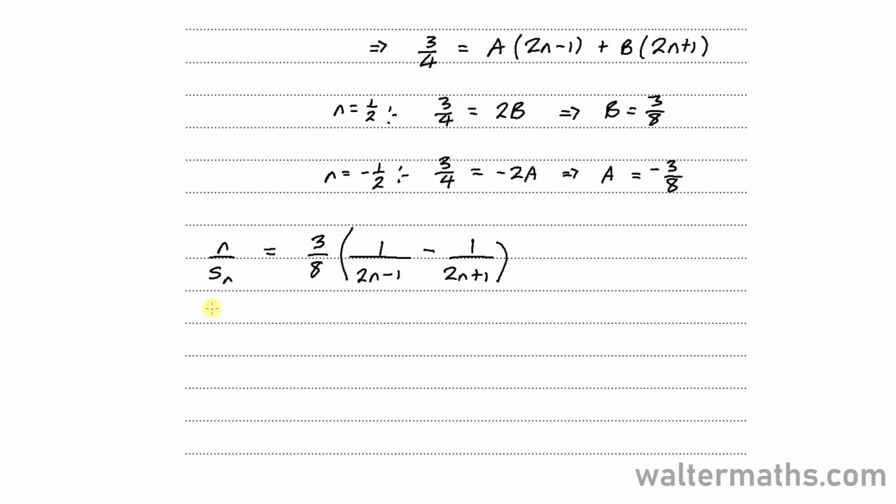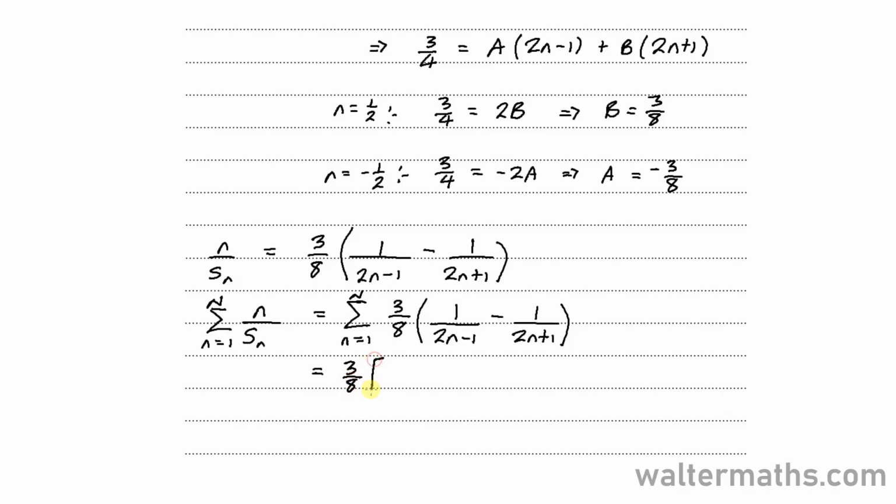So we are saying here the summation from n is equal to 1 up to capital N of n over s sub n will be equal to the summation from n is equal to 1 up to capital N of 3/8 of 1 over 2n minus 1, minus 1 over 2n plus 1, like this. And here we'll be having 3/8, and that's off.